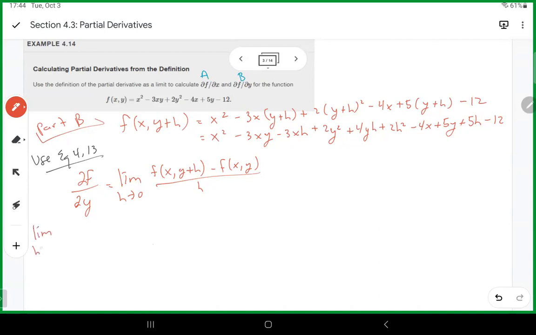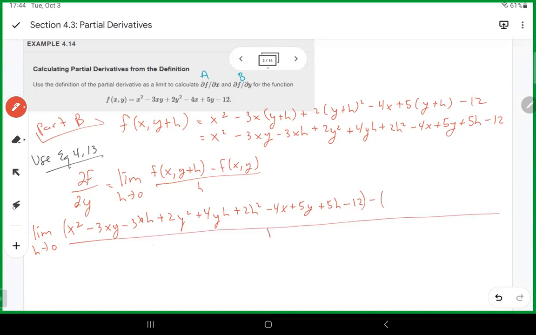So the limit as h approaches 0, x squared minus 3xy minus 3xh plus 2y squared plus 4yh plus 2h squared minus 4x plus 5y plus 5h minus 12, minus x squared minus 3xy plus 2y squared minus 4x plus 5y minus 12.